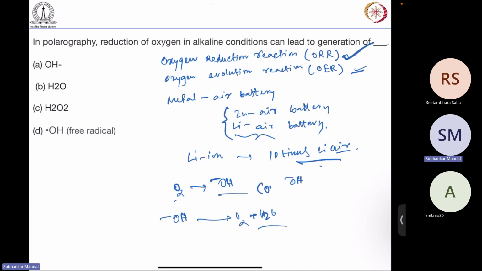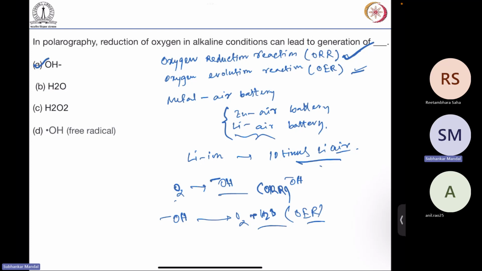This is the ORR, oxygen reduction reaction, and this is the OER. This is not a balanced equation, but this is what happens. So which one is the answer? A is the answer. OH minus forms when oxygen is reduced.